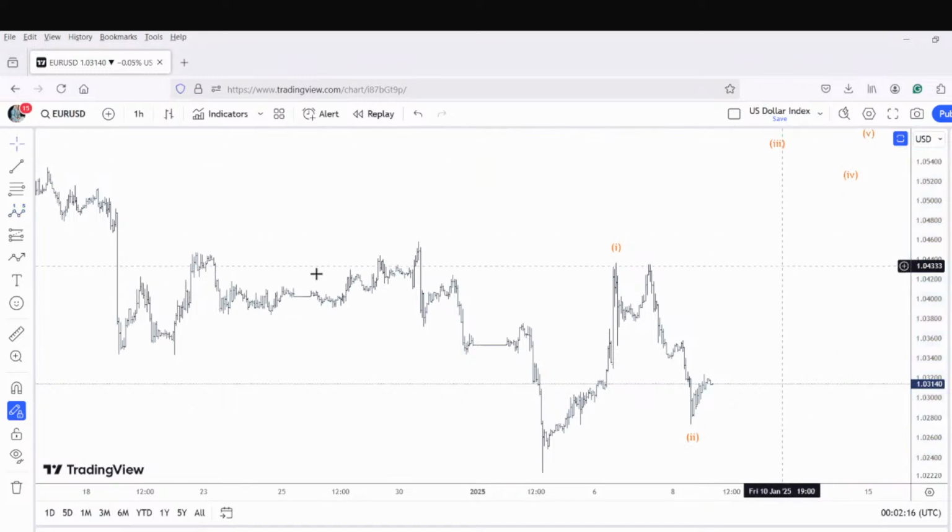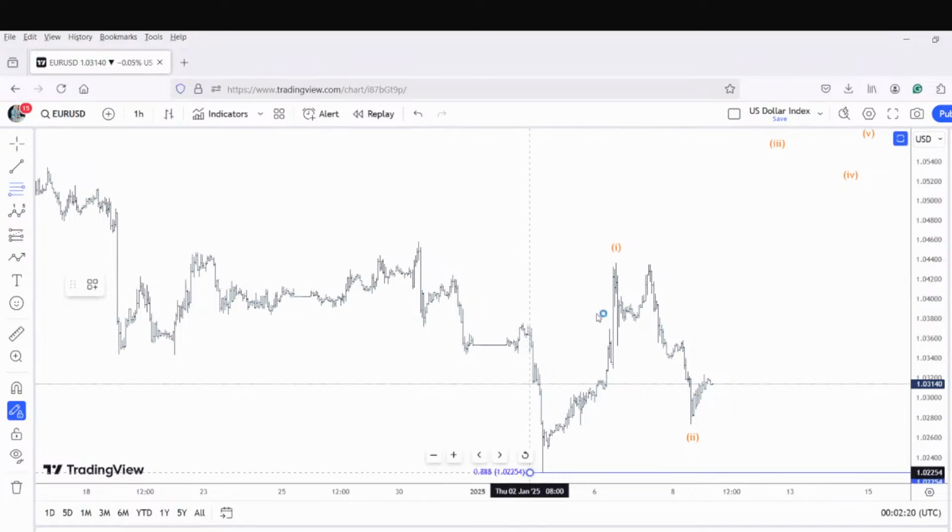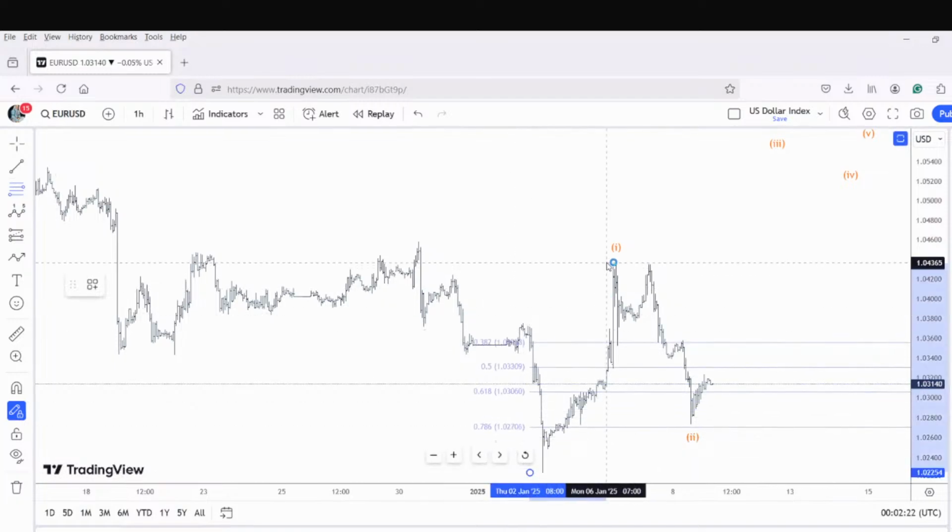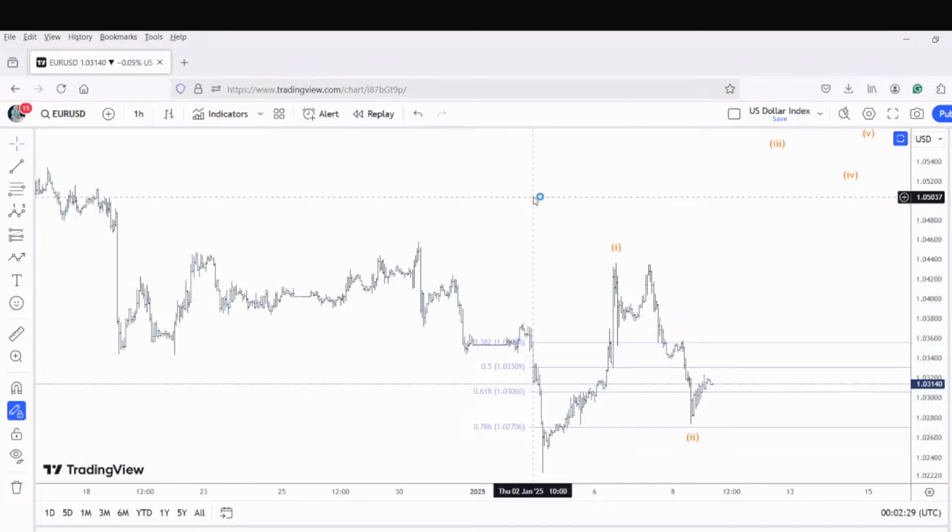Okay. The Fibonacci ratio on the hourly time frame has already touched base with this 78%, which normally the second wave could push up to 88% lower.